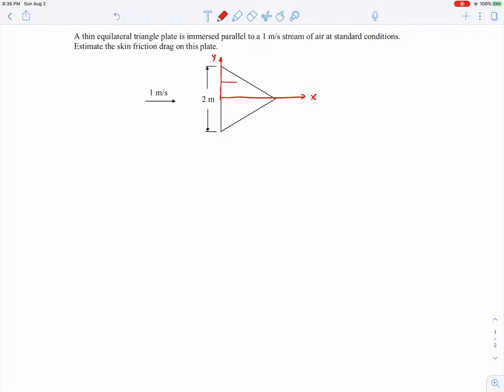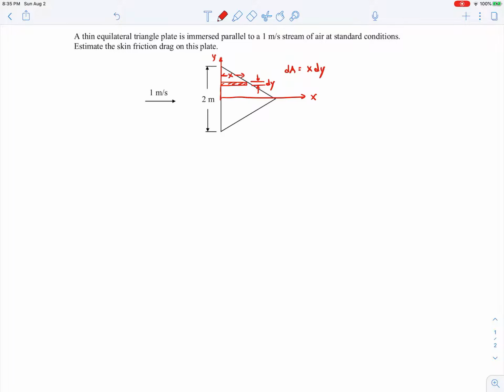As we move downstream on the plate, let's say right here, that distance for that little rectangle will of course change depending on where I am in the y direction. Let me call this distance x, and the width in the vertical direction will be dy. It's just a small displacement in the y direction, so the area of that little rectangle will be x times dy.